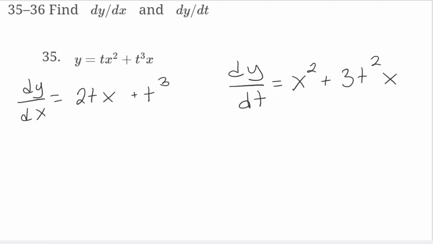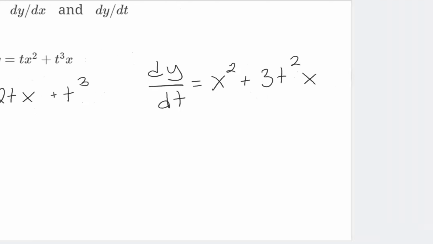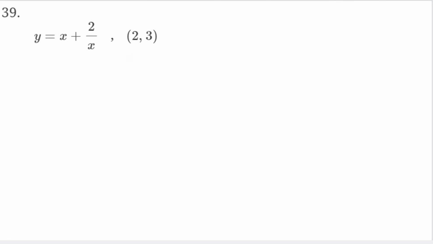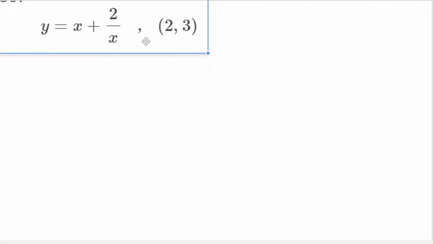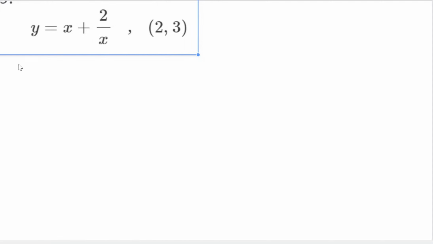All right, one more. So find me my derivative, and then find me my tangent line at 2, 3. Just the tangent line, not the normal one this time.